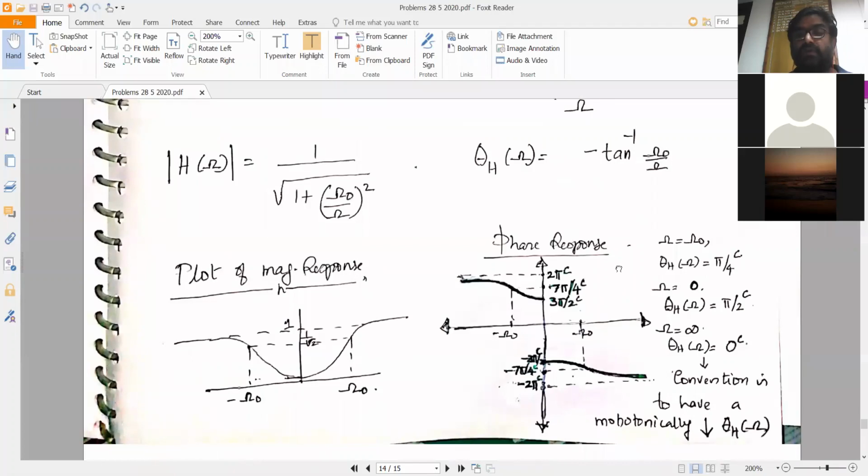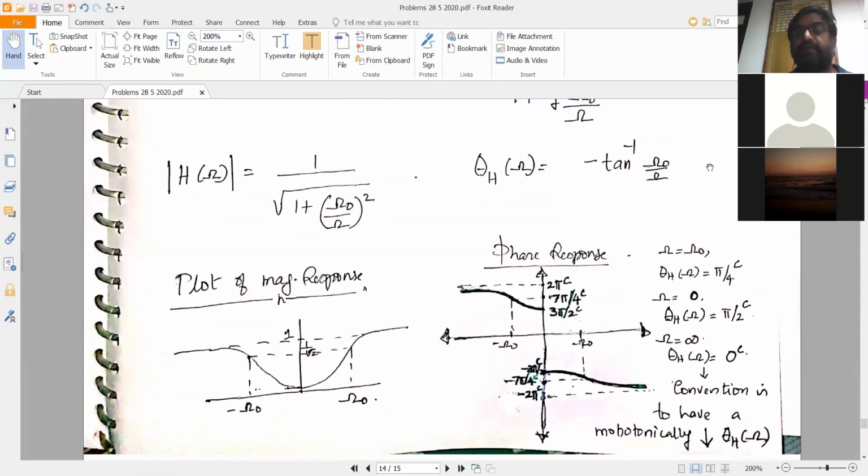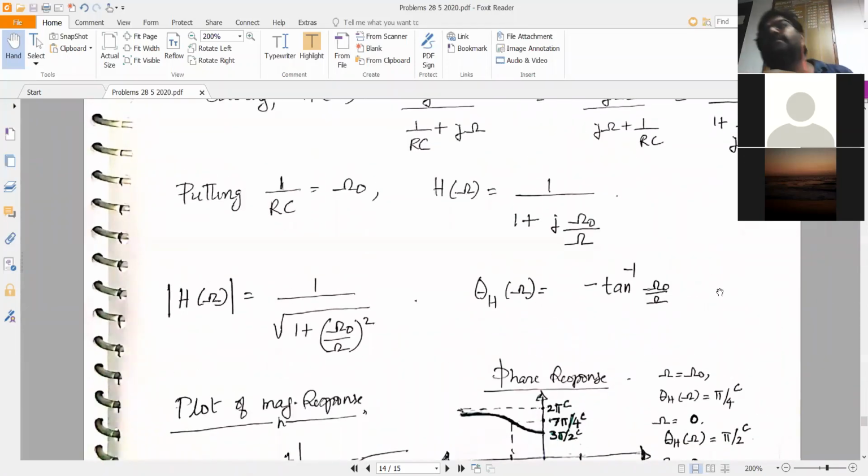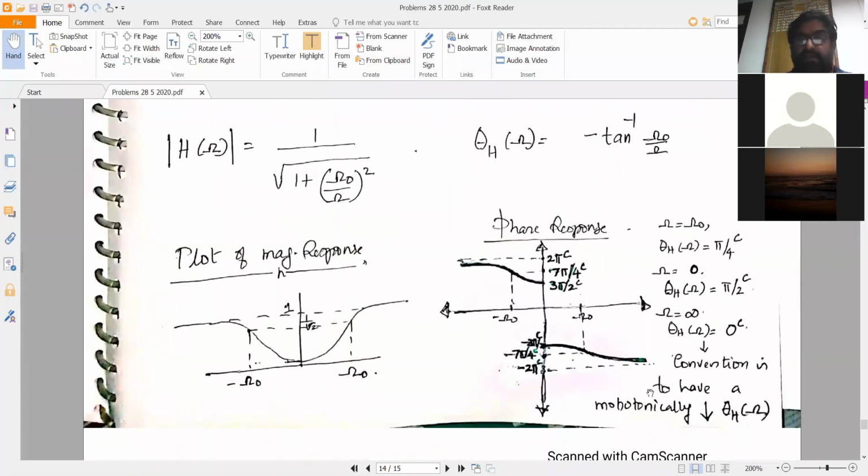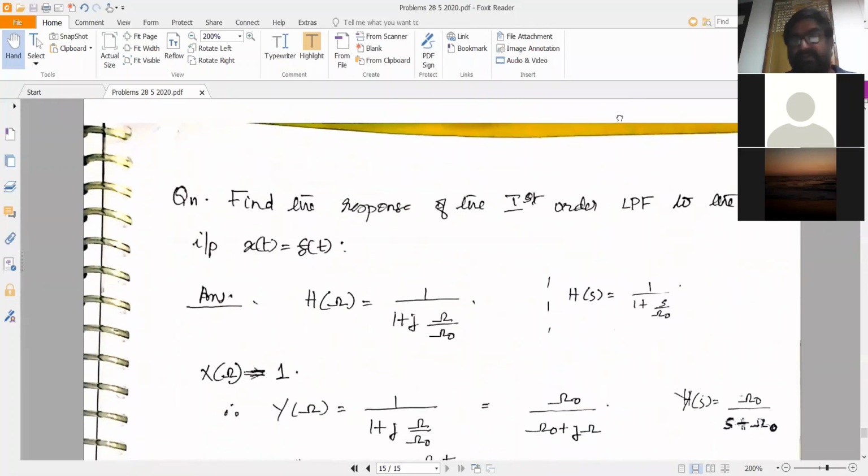So you draw a monotonically decreasing phase response by noting that pi by 2 radian is the rotation of the phasor in the anti-clockwise direction by 90 degrees. So that is the rotation of the phasor in the clockwise direction by 270 degrees. So minus 270 degrees is the same as 90 degrees. Likewise, you can look at the other frequencies as well. Okay, so that way you can draw the phase response.